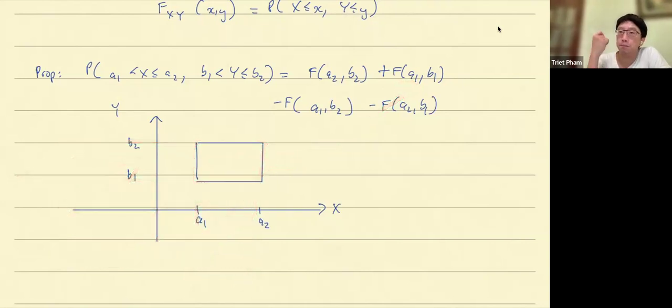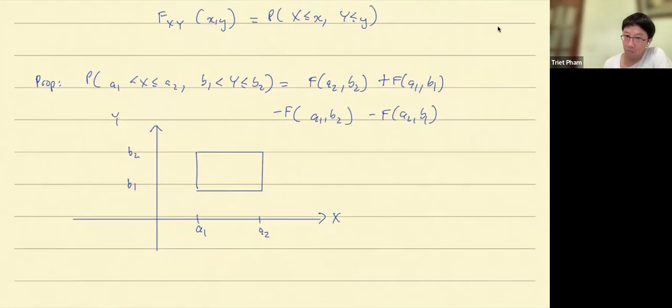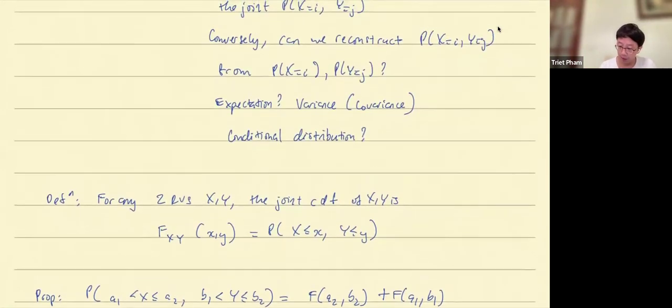Any question? Now that's the joint CDF, and this definition makes sense, or really is a universal identifying feature for any kind of random variable.